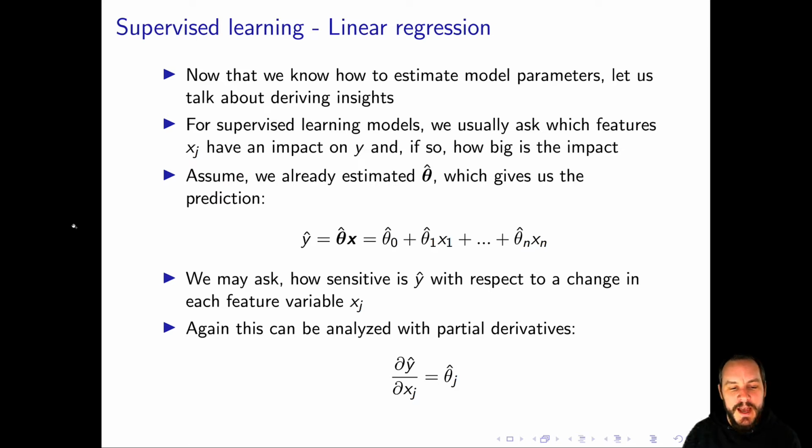Okay, and now we just need to switch positions and take a different point of view. But again, we can use partial derivatives, or the information of partial derivatives, in order to derive this information.